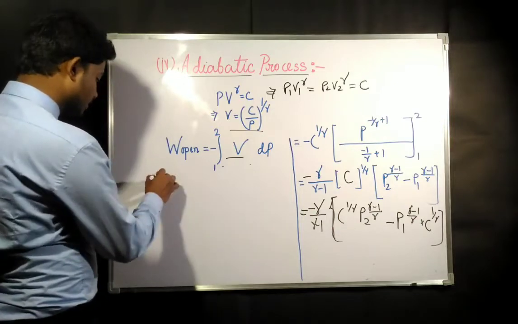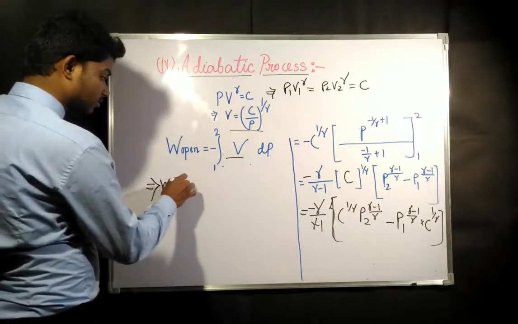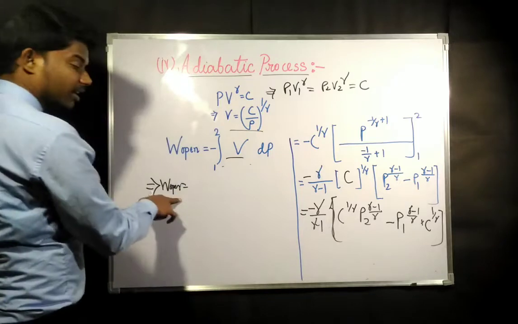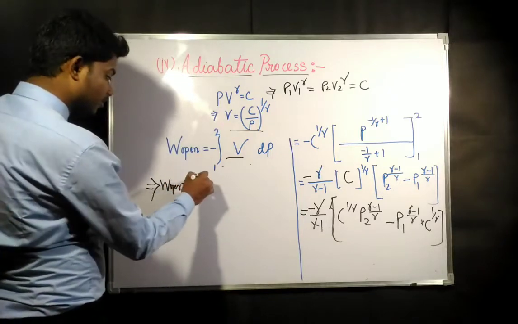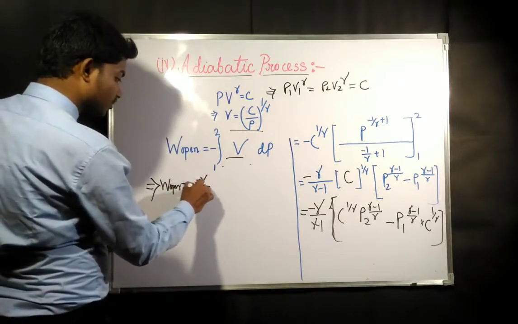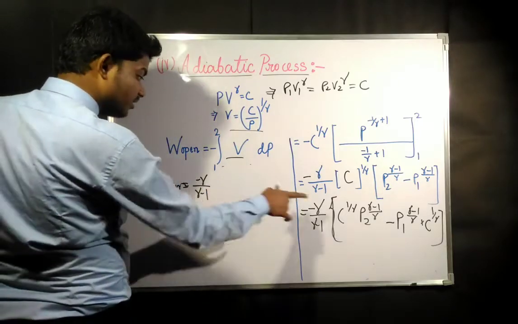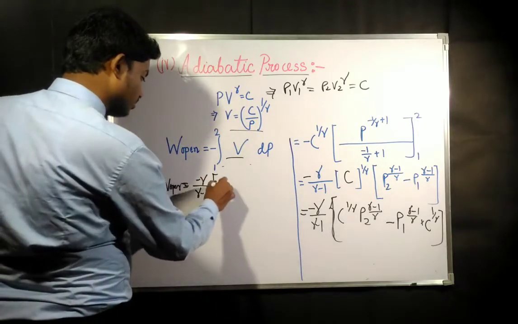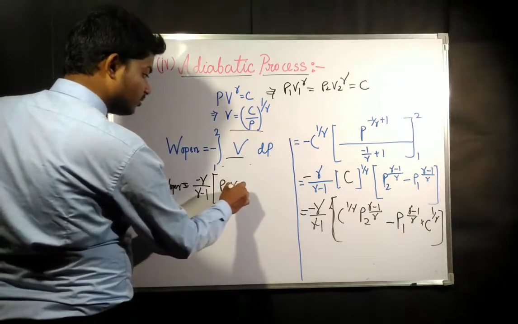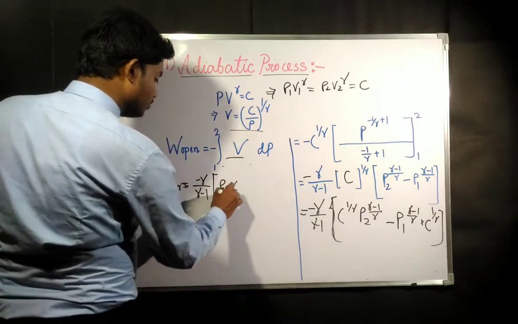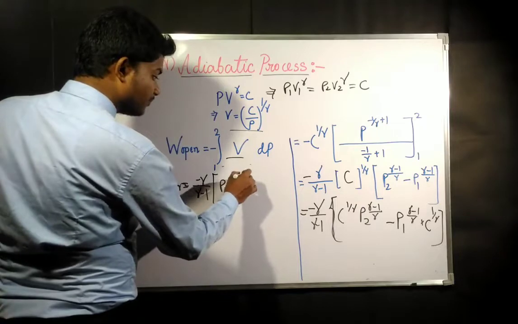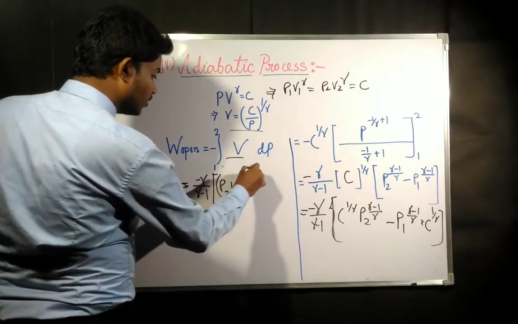Now W open will be written as follows. I am coming directly here. C we are replacing by P2 V2 to the power gamma, whole to the power 1 by gamma.